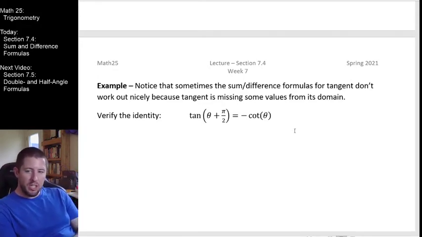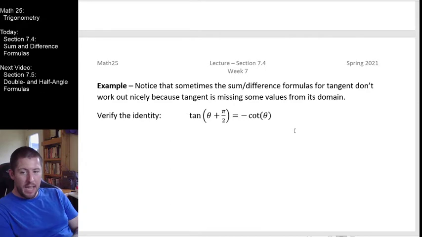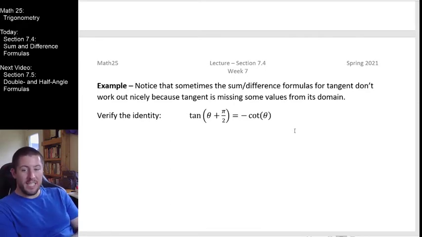But because tangent equals sine divided by cosine of theta, anywhere that cosine of theta is equal to 0 causes us to divide by 0, and that means that value is not in our domain. So the tangent formulas get a little bit funkier because they have some places where things might not work out, where they totally would work out in sine and cosine land.